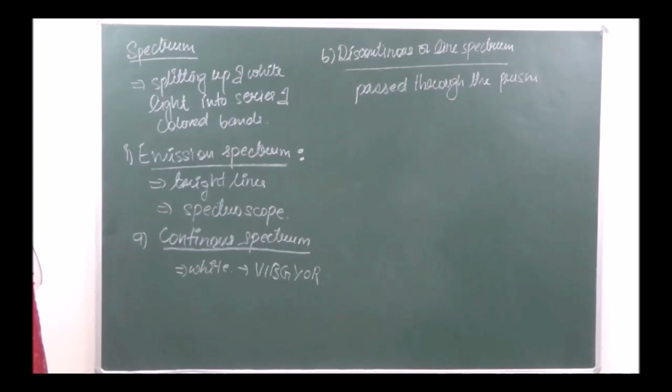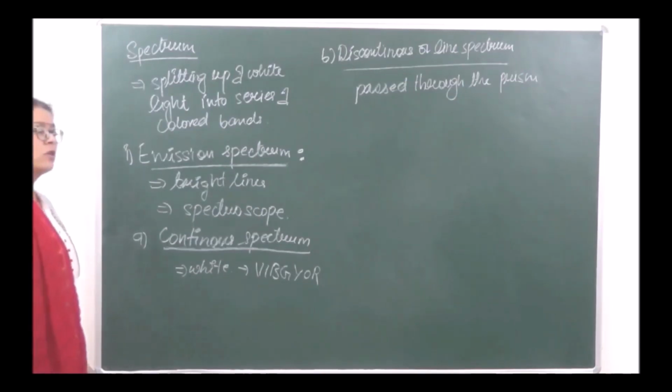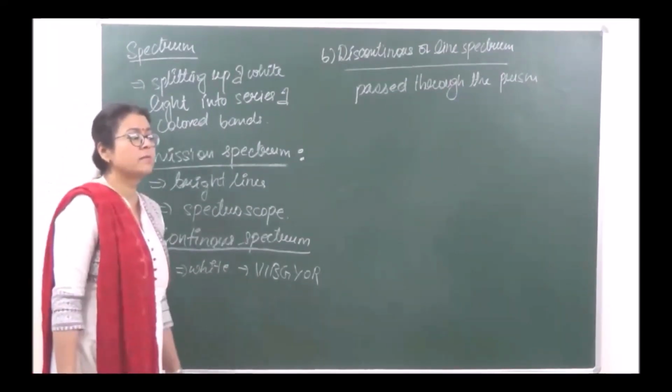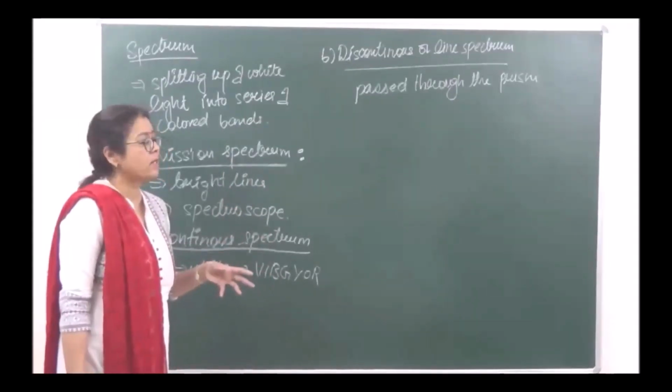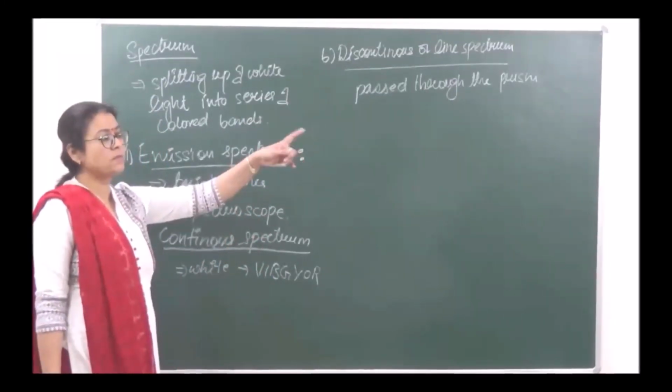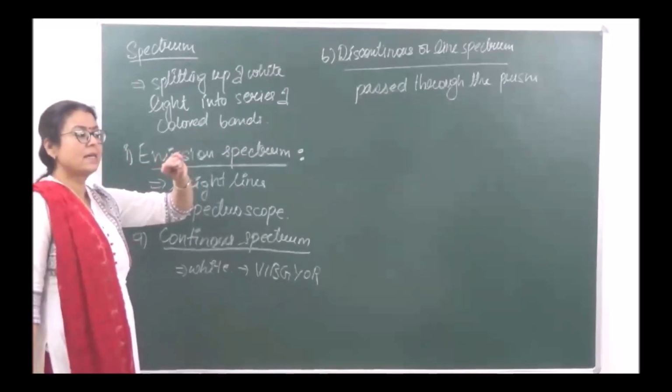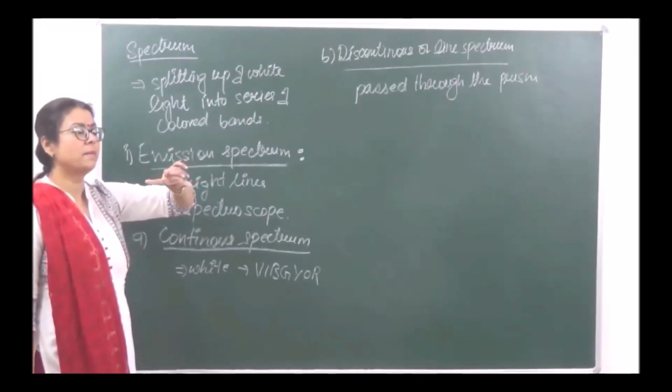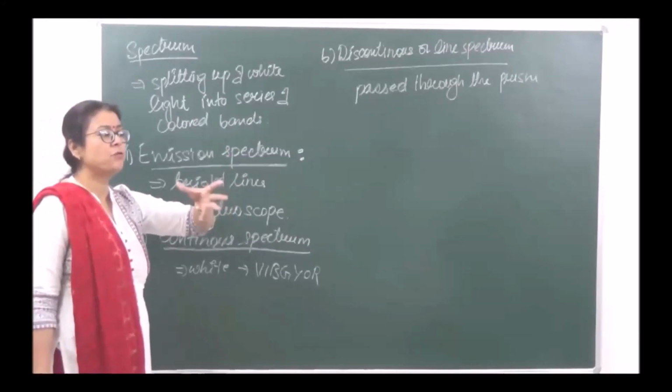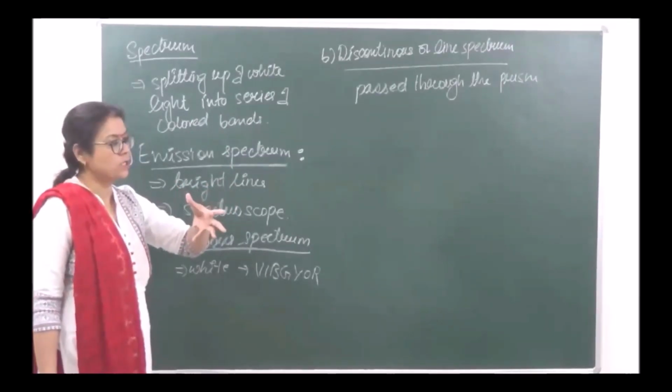For example, when we're talking of sodium, we take the vapors of sodium, and the radiations which they emit are passed through the prism. We see yellow lines at a wavelength of 580 to 589 nanometers, right?